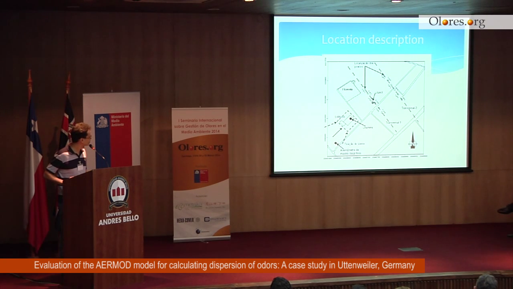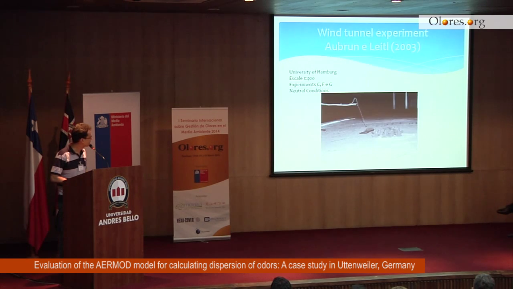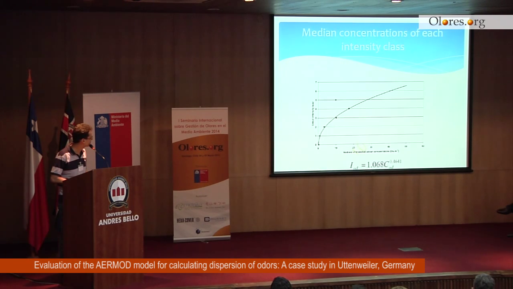He grouped all of the concentrations that corresponded to intensity 0 and calculated the median of that group. So he had 6 pairs of intensity and concentrations, and he tried to find the curve that best fitted that set of data. He eliminated this point because it wasn't good for the fitting curve. We just repeated his procedure and compared with his results.